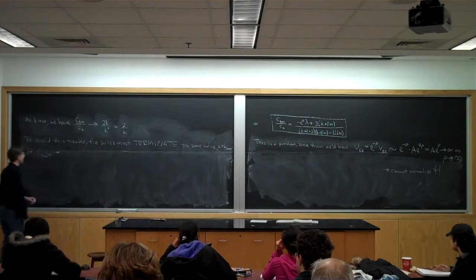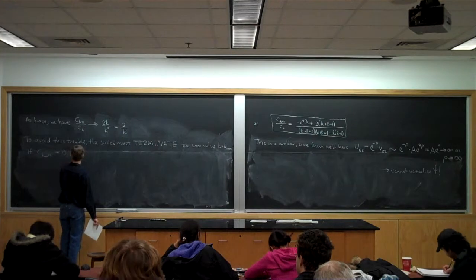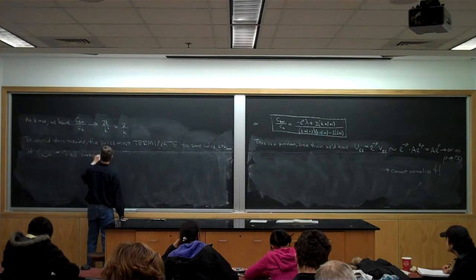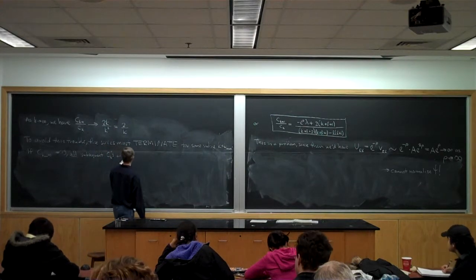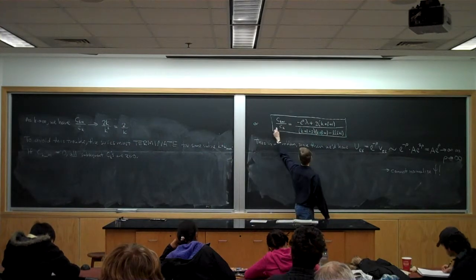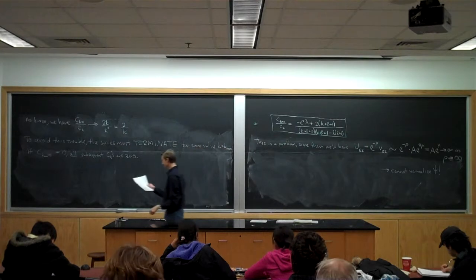So if c sub k max plus 1 equals 0, all subsequent c_k's are 0. That's the idea there. If one of these is ever 0, boom, all the other ones are 0 after that.